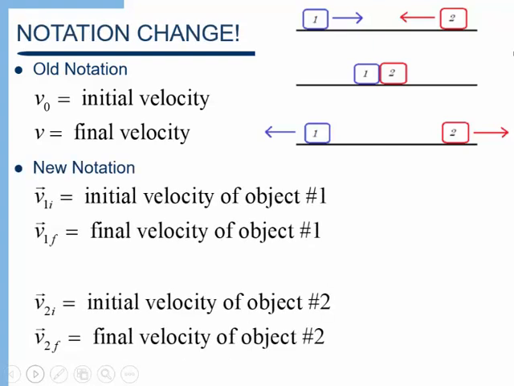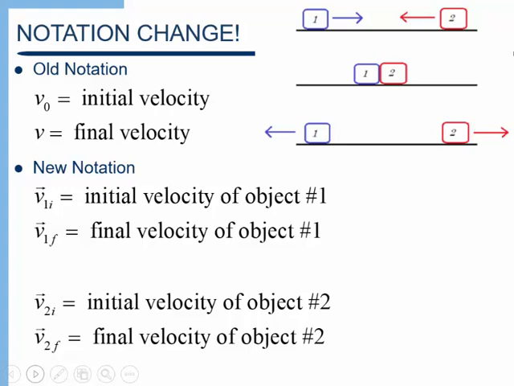So here is our new notation. There are a couple things I want you to notice. Notice that now we're using numbers to refer to which object we're talking about. And we're using I and F to mean initial and final.